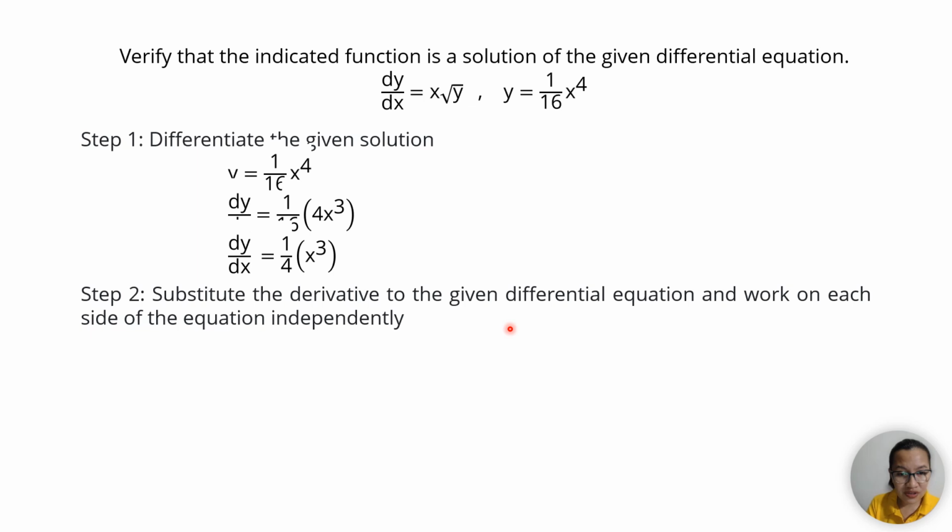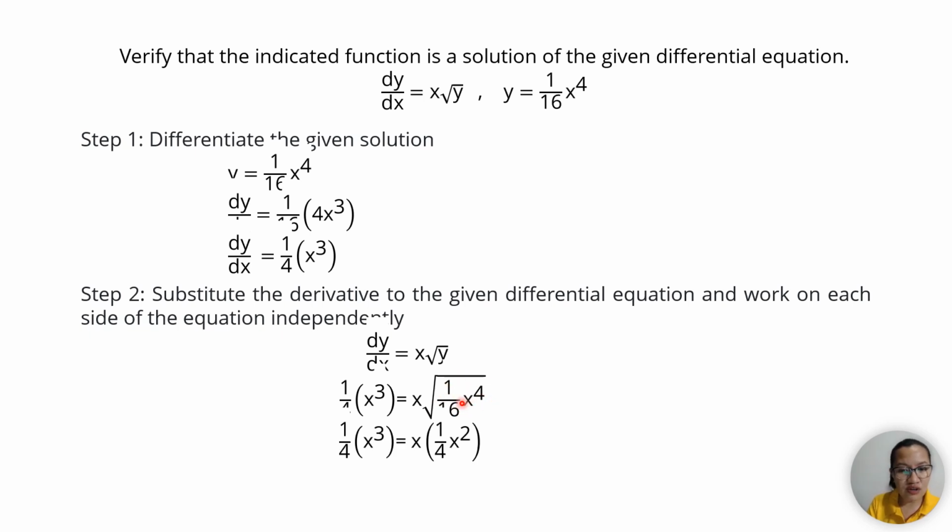So our given differential equation is this one, and we are substituting dy/dx here, so that would be 1/4 x cubed, and y, as we know from the given, is equal to 1 over 16 x to the power of 4. And extracting the square root here, that would give us 1/4 x squared. And multiplying, 1/4 x cubed is equal to 1/4 x cubed.